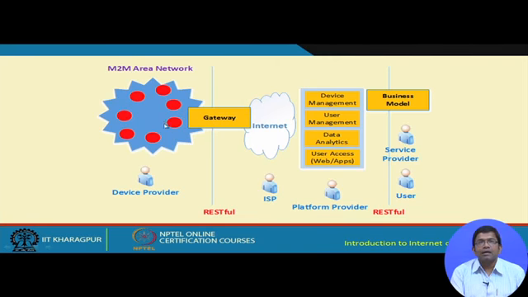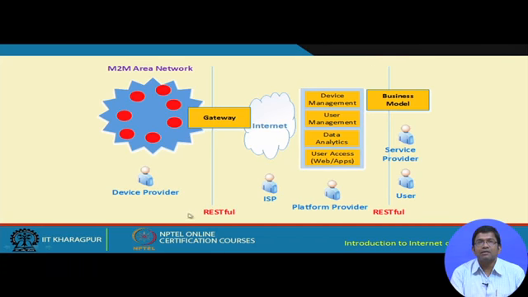This M2M area network sends the data from these M2M devices, IoT devices, through this gateway to the internet, which is handled by the internet service provider. When it is passing through, we have this RESTful architecture that takes care of it.